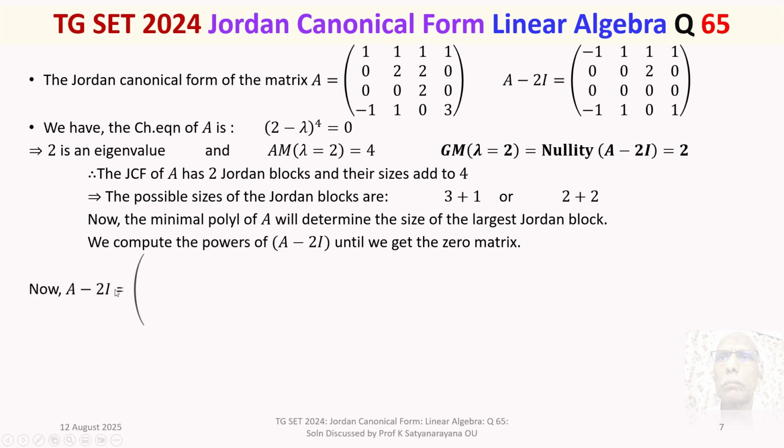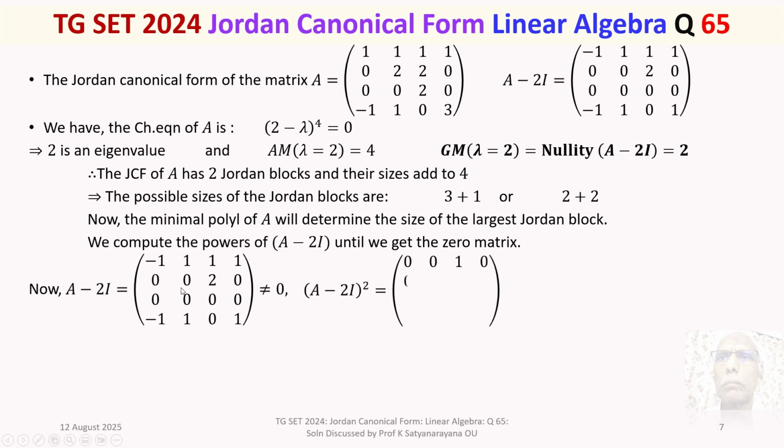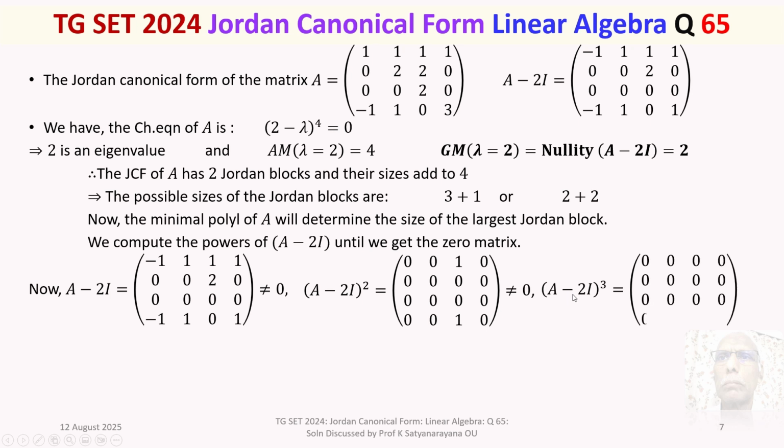A minus 2I is not 0, A minus 2I whole square, multiply this with that, is not 0, and A minus 2I whole cube, when you multiply, is 0. So this is 3. That means the minimal polynomial of A is (x minus 2) whole cube.